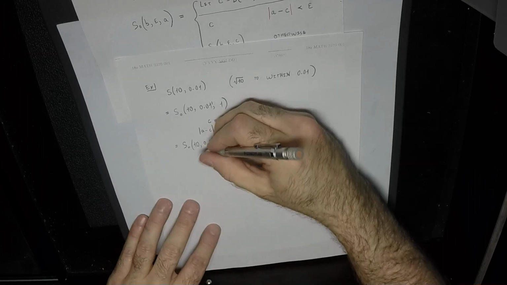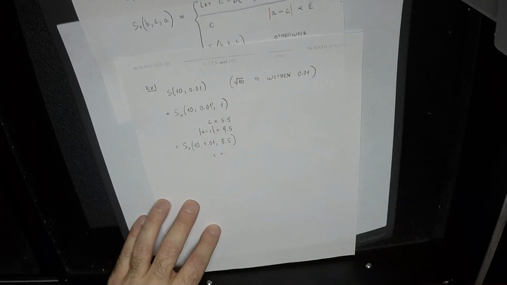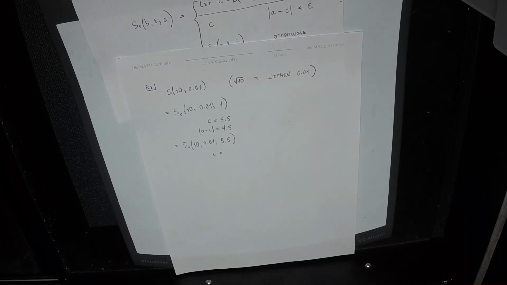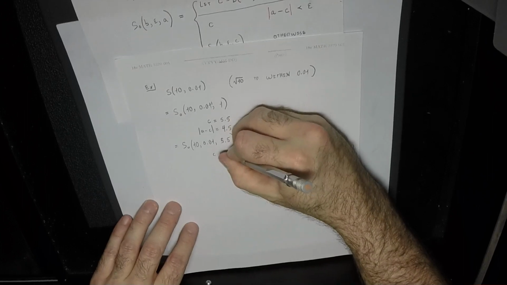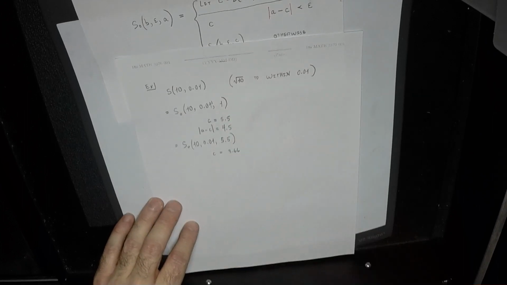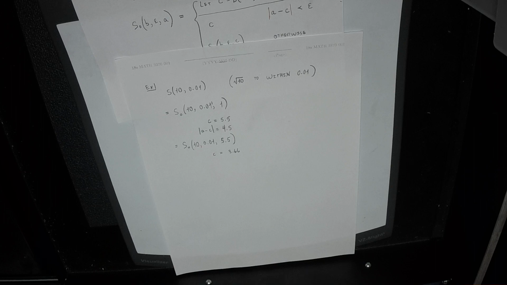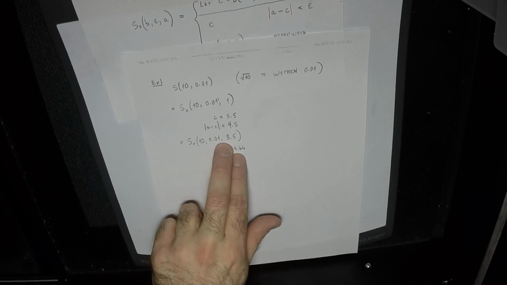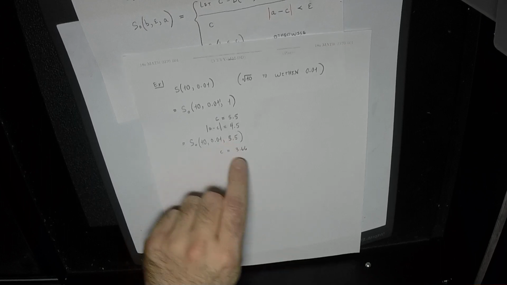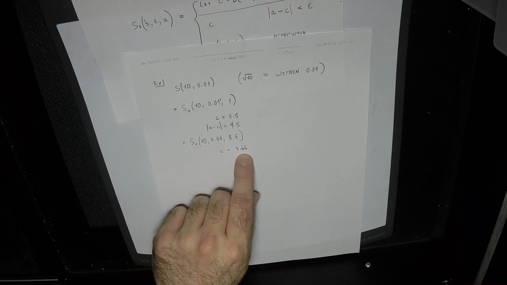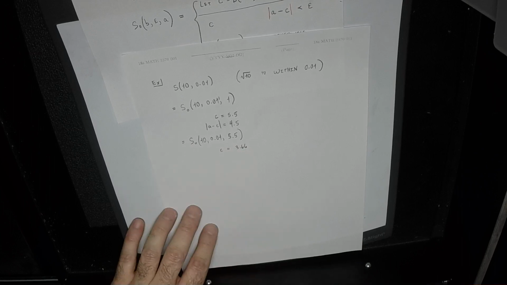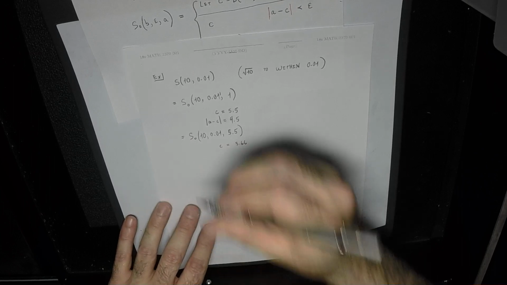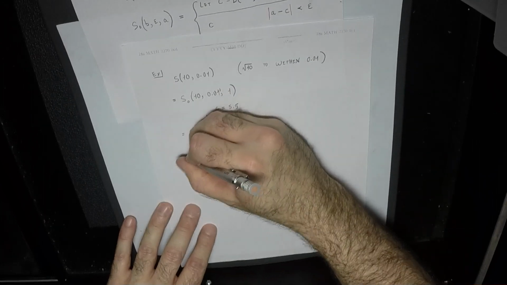All right. So in this case, C is 3.66 ish. We'll just eyeball it. Is A minus 3.66 within 1/100th? It is not. Fine. So then we must continue.